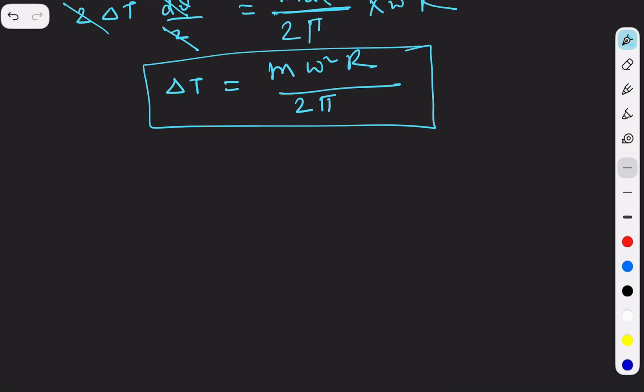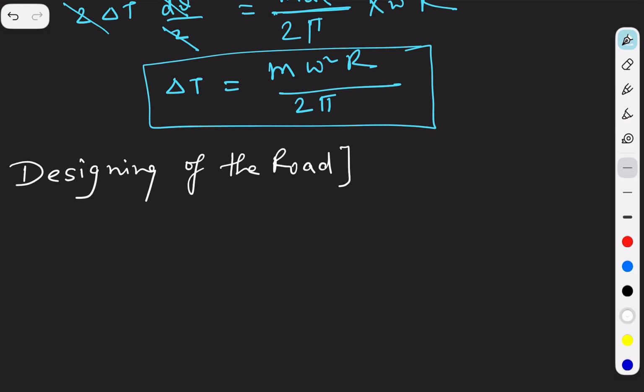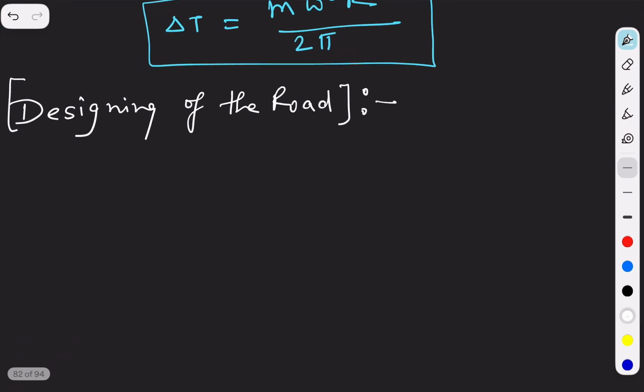Not proper designing, but just the fundamentals: how we can bank the roads, or what should be the radius of the turning roads that we should provide at a certain location. All those things we have to understand. There are basically three types of things that we have to understand.